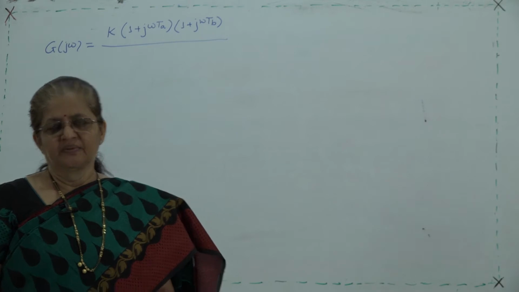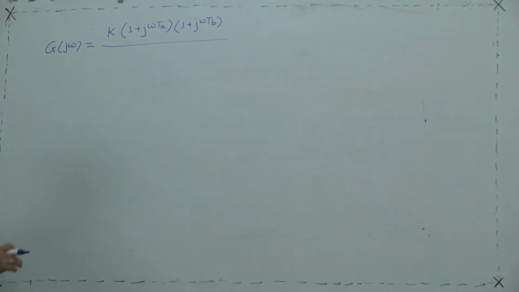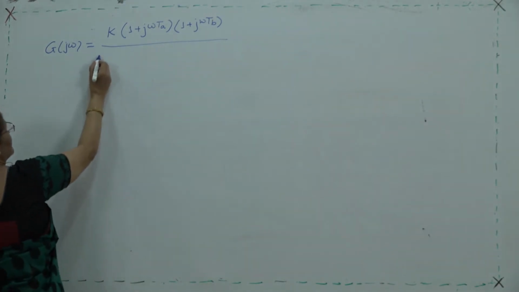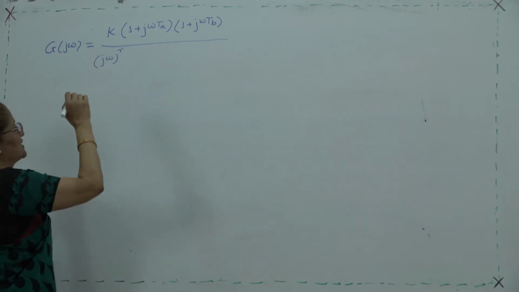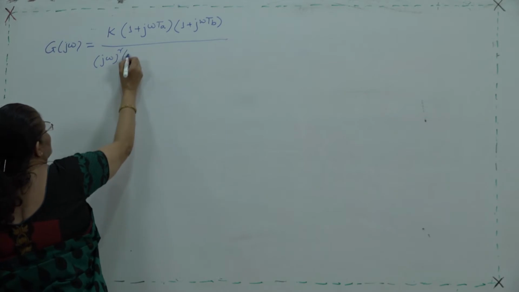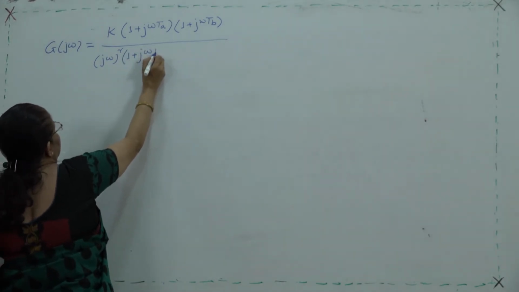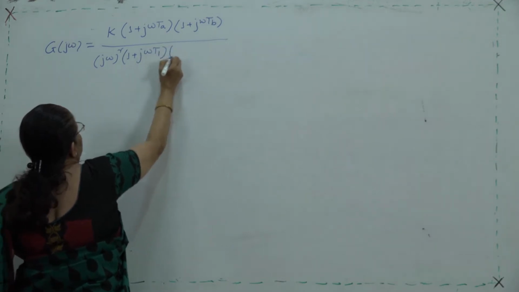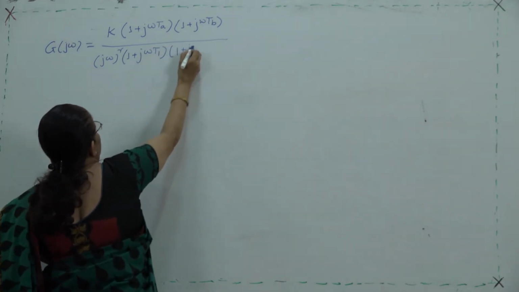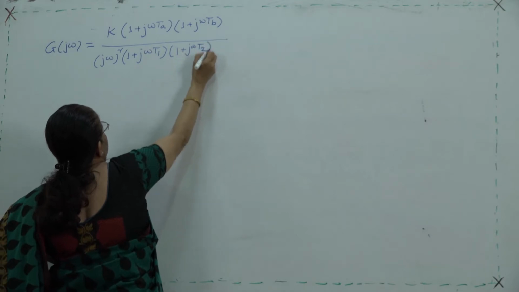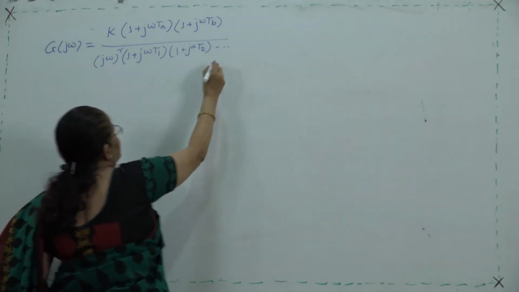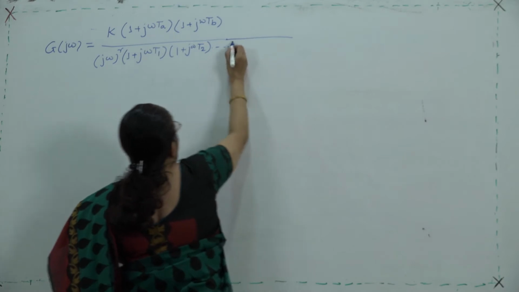In the denominator we can consider poles at origin, so (j omega) raised to r, that is r poles are at origin, then real poles (1 plus j omega T1) and (1 plus j omega T2), like that some terms there.